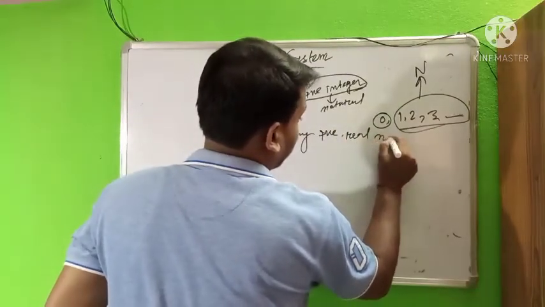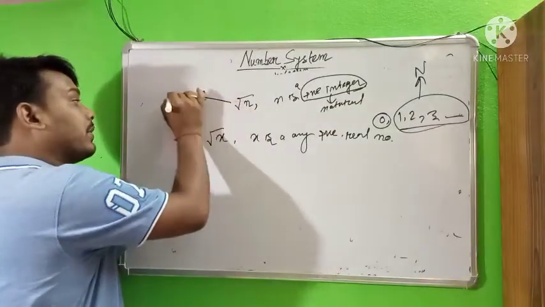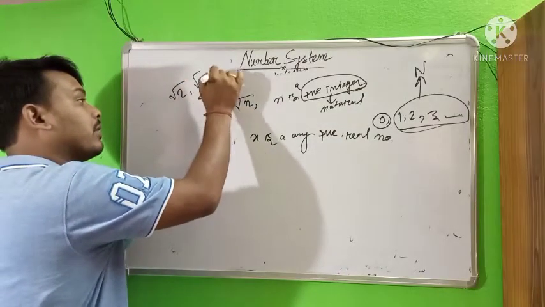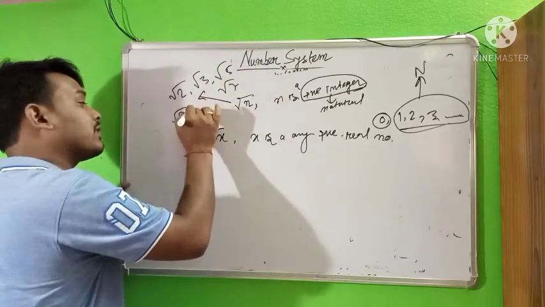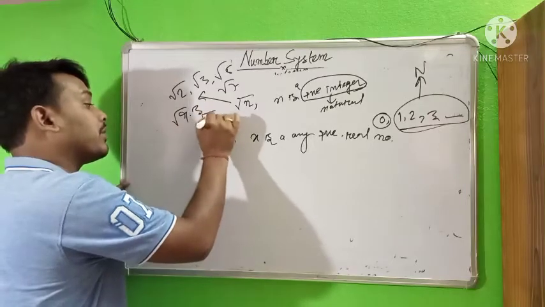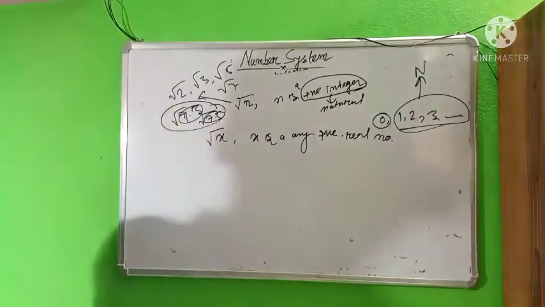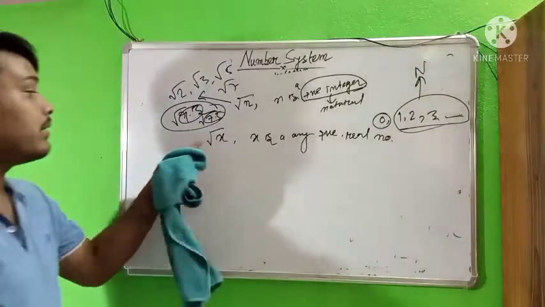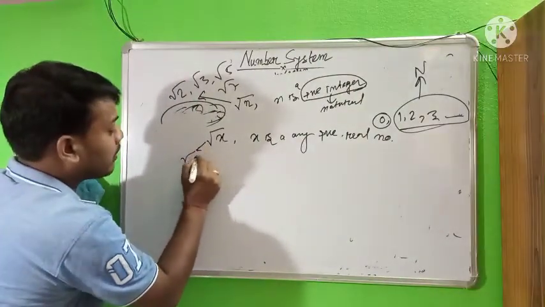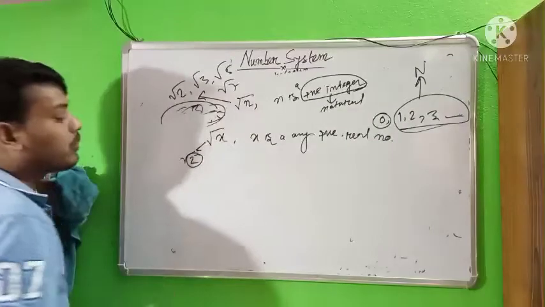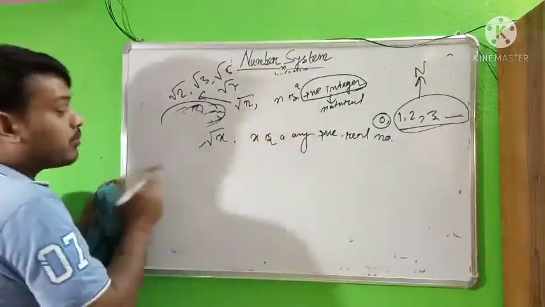In the previous case, we could find root over 2, root over 3, root over 5, root over 7, but we cannot find such values as root over 9.3 or root over 7.5, because these are not natural numbers. But in this process we can find root over 2 also, because root over 2 is also a positive real number. So it is a more general case.